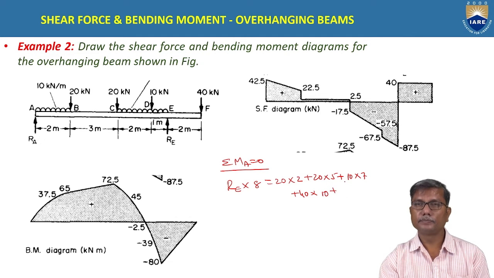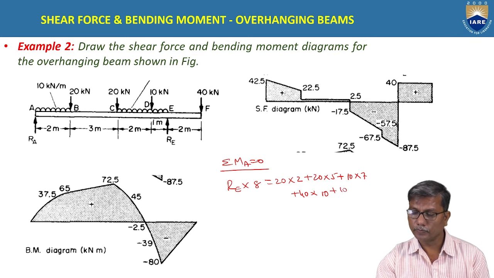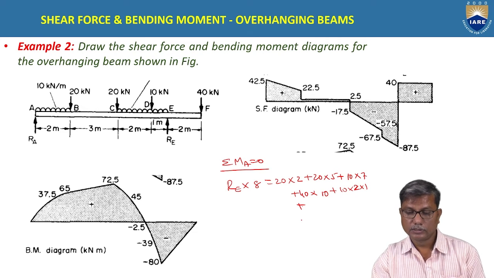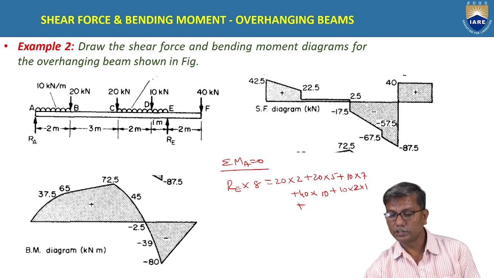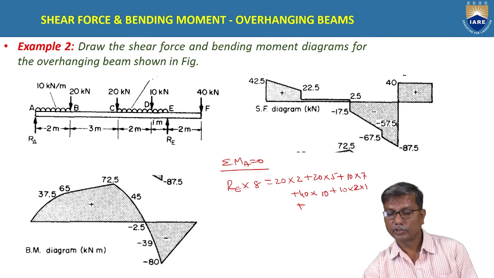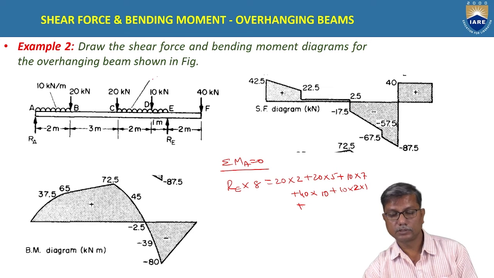And due to UDL, first the UDL between A and B, 10 into 2 into 1, plus the second UDL between C and E. The intensity is missing here, but I think from this diagram it is 20.